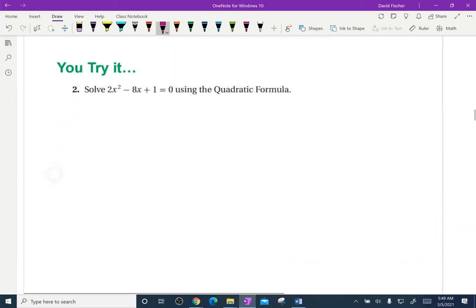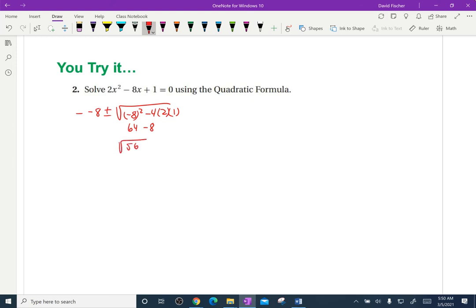You give this one a shot. I didn't have an extra one of these, so maybe we'll just do this one together, but you try to get ahead of me and start working on it. See if we come up with the same thing. Hopefully you got a -8. 64 take away 8, 56 is my square root.